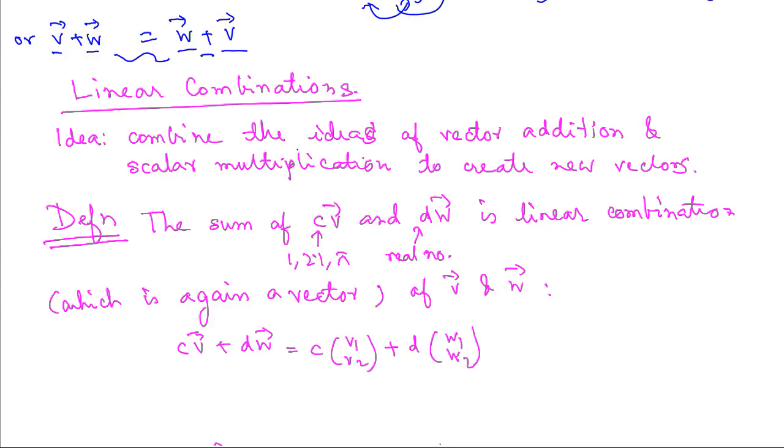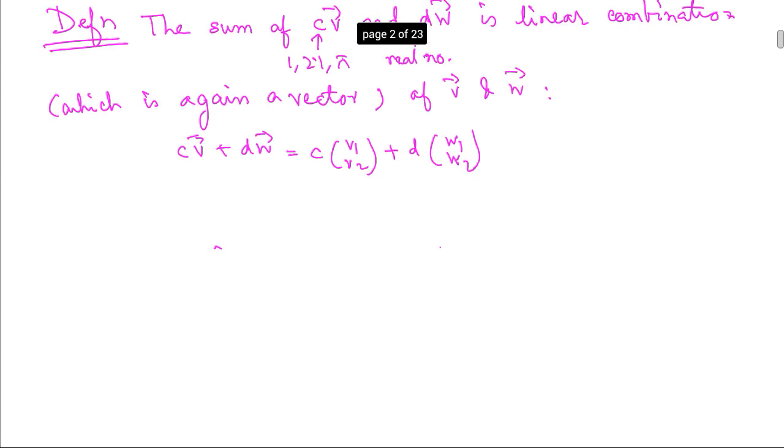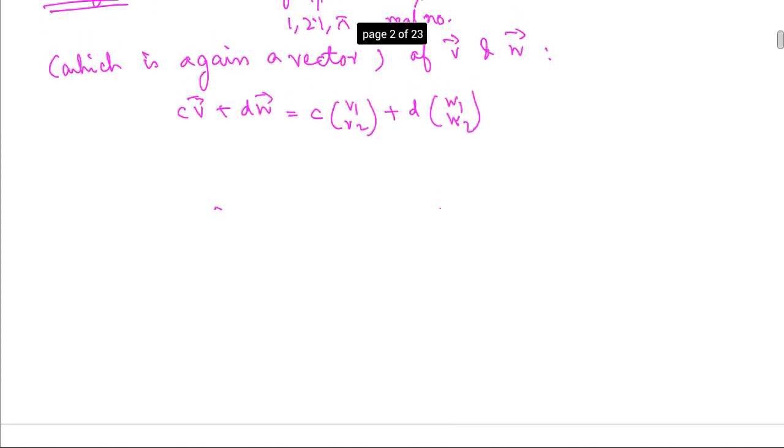So let's see how we do this. Now we are not defining anything new. We are just following the rules that we created earlier, and then we are going to apply them. We know this is essentially a scalar multiplication of the scalar c with the vector v, and we know the rules. We saw it a minute ago.